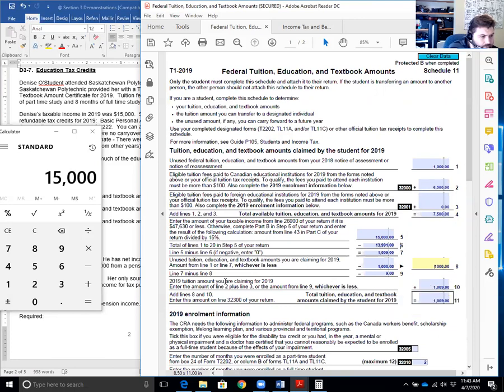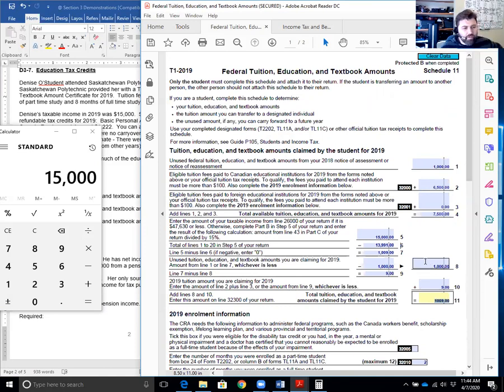And 2019 tuition amount we're claiming, enter the amount of line 2 plus line 3, or the amount from line 9, whichever is less. So we're only going to use $9 from our current year, which equals 1,009, the same amount.